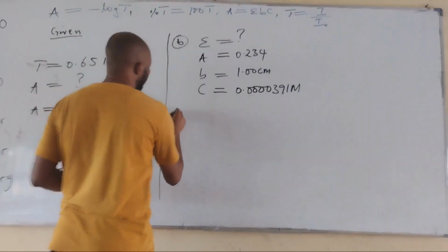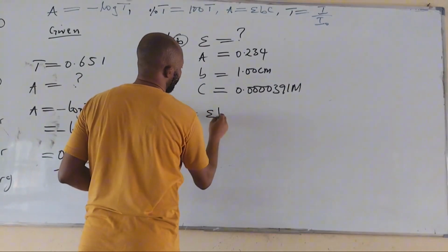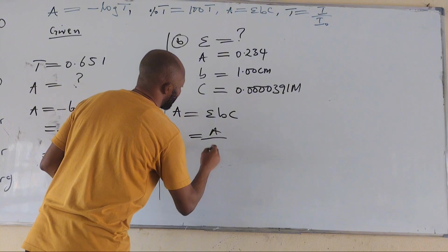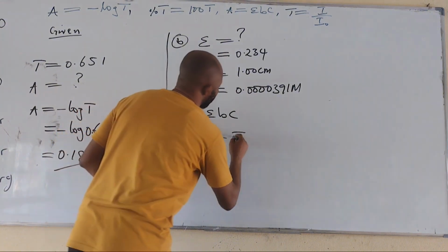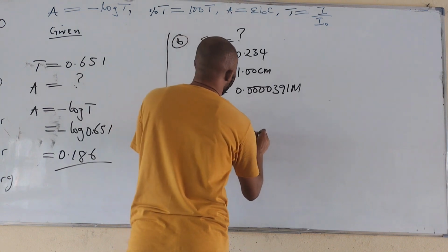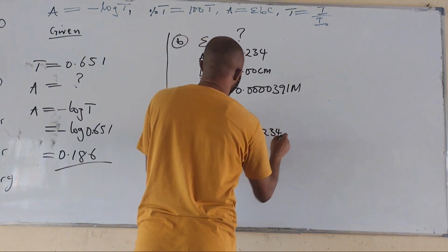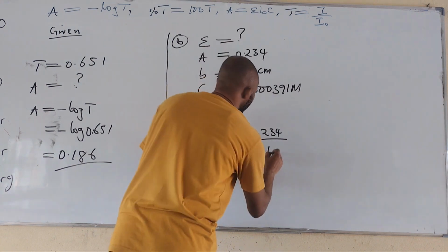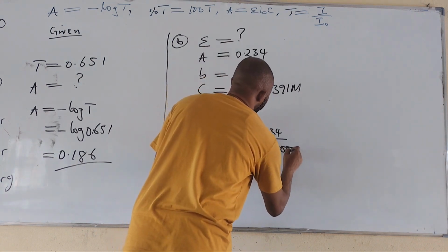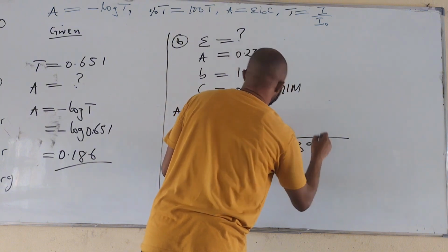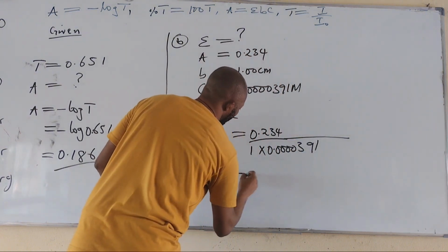Remember, we have A is equal to epsilon B C, and epsilon is equal to A over BC. And this is equal to A, 0.234, over B, which is 1, times concentration, which is 0.0000391.